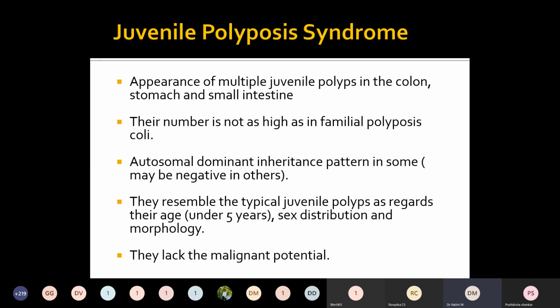Coming to juvenile polyposis coli, this is a little rare compared to familial polyposis coli, with the appearance of multiple juvenile polyps in the colon, the stomach, and the small intestine. This is much more extensive involvement. Again, it could be an autosomal dominant inheritance pattern, and they are usually recognized by 5 years of age.